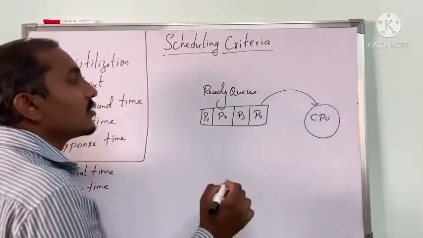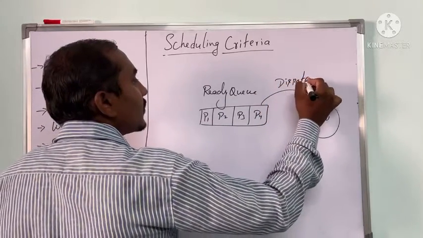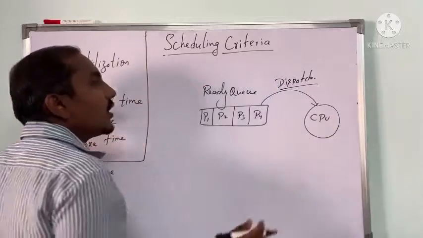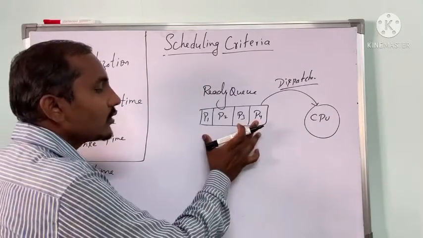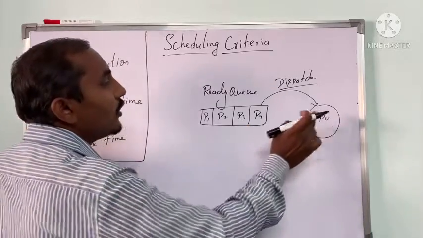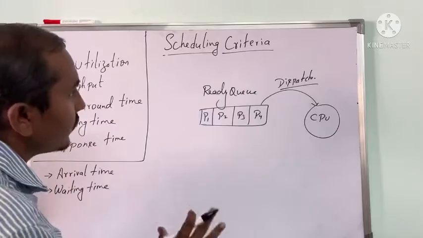This is done by the dispatcher, or it is also called the short-term scheduler. The short-term scheduler selects one process from the ready queue and allocates the CPU to it for execution. So this we have discussed.